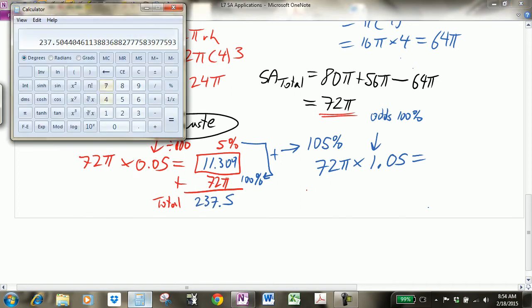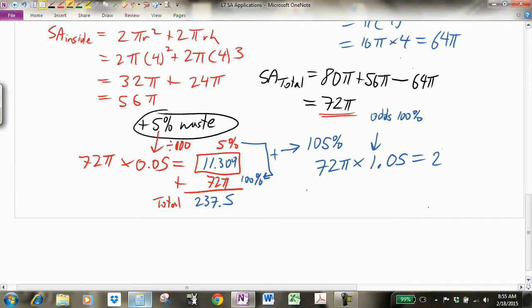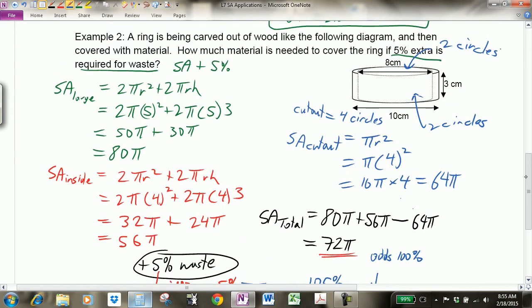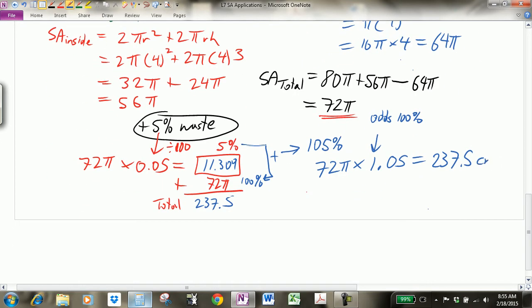So then I can check out the other way. 72 times pi times 1.05 equals the exact same thing, 237.5. Units would be centimeters squared. Okay. So there are two different methods to do it.